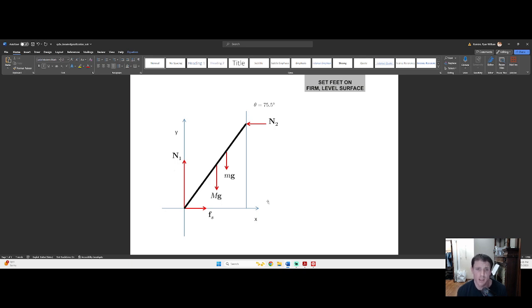Then the normal force n2 is going to tend to make this thing rotate counterclockwise. So n2 is going to have a positive torque associated with it, and both the gravitational forces will have negative torques associated with them, okay?